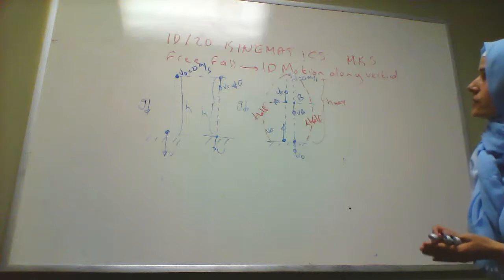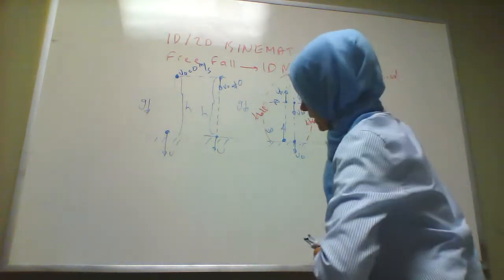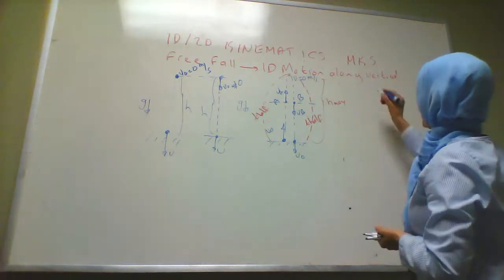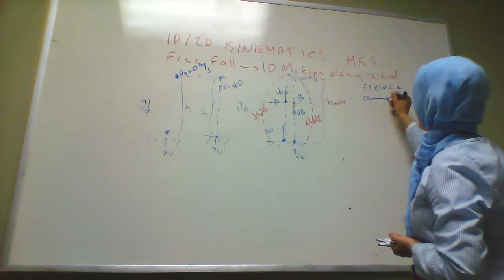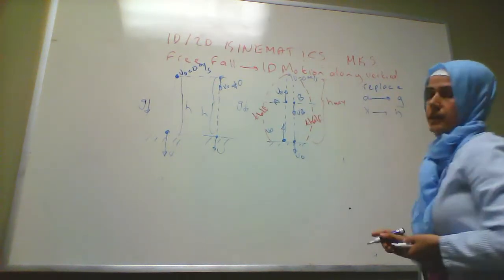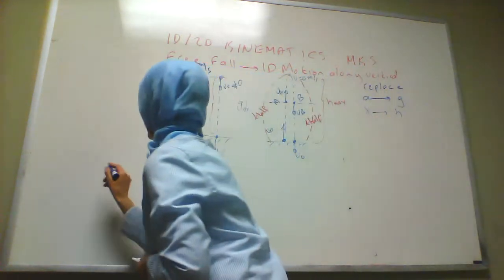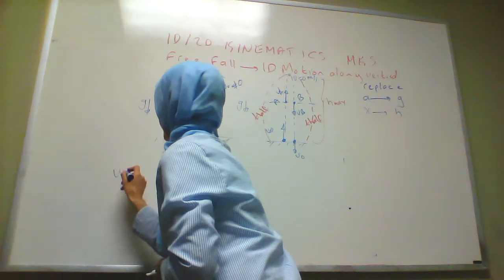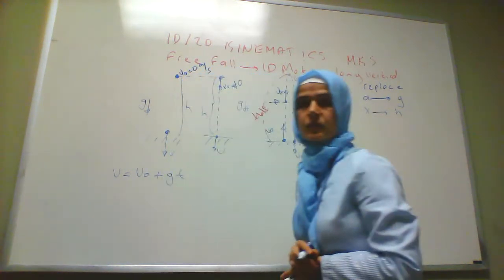Now let's talk about the equations. Free fall motion has the equations exactly the same as 1D kinematics. What we do is replace a by g and x by h, and that's all. Let's write down the equations again in here. The equations for acceleration will be v is equal to v0 plus gt, right?